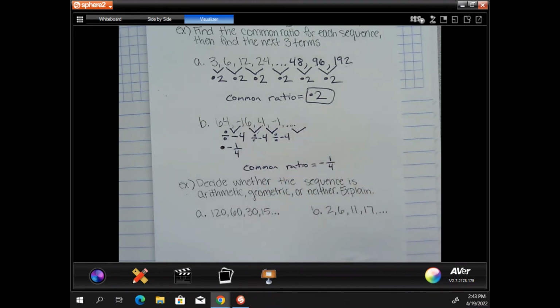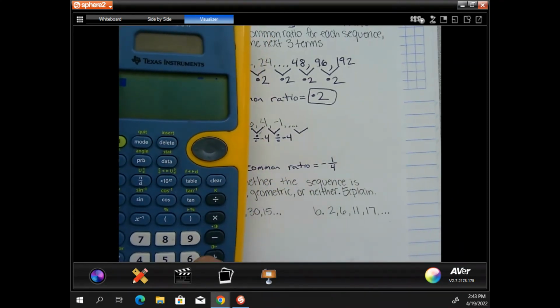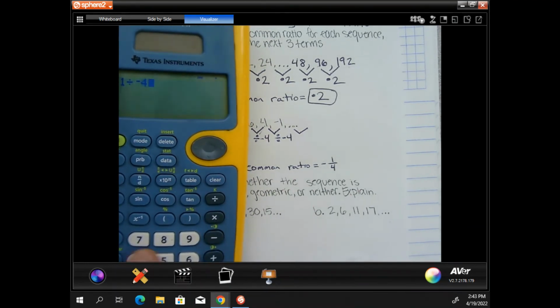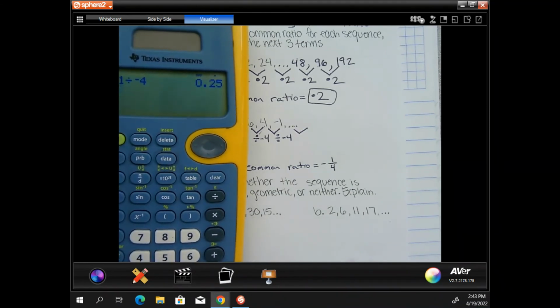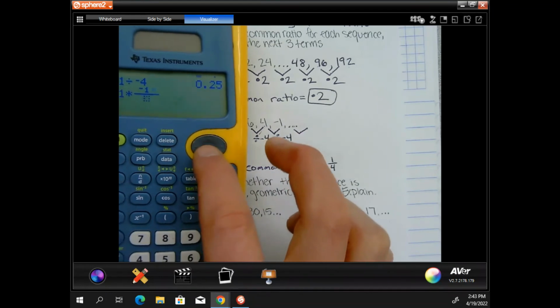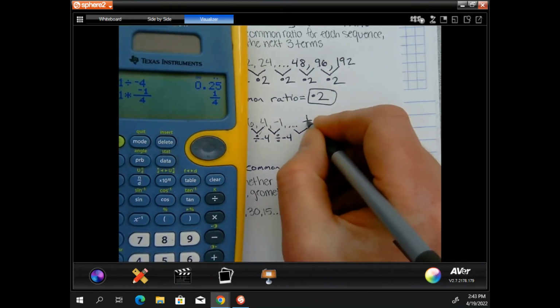And then I can use my calculator. I'm going to go negative 1 divide by negative 4. I get 0.25. The other way to do it is negative 1 multiply by negative 1/4, and I get 1/4.